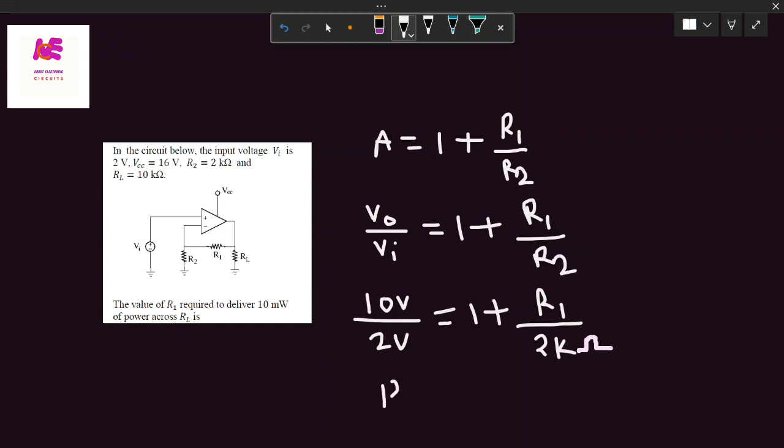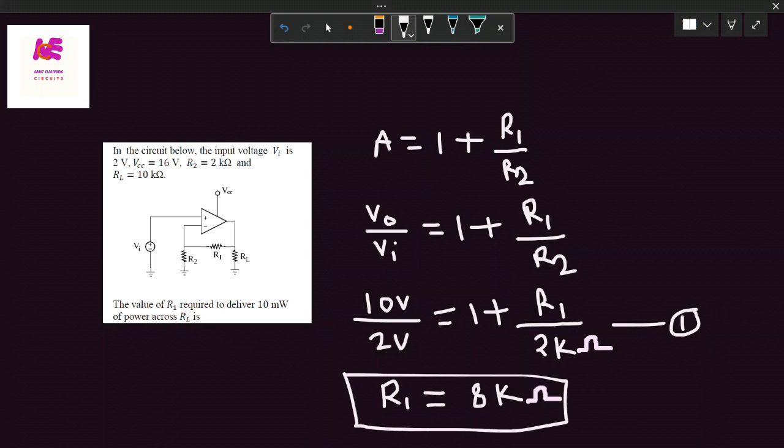And from this, we can find out the value of R1, which is equal to 8K. So after solving this equation, say equation 1, we are getting the value of R1 is equal to 8 kilo ohm. And this is the value which is asked in the problem. So R1 value is 8 kilo ohm. So this is the solution of this problem.